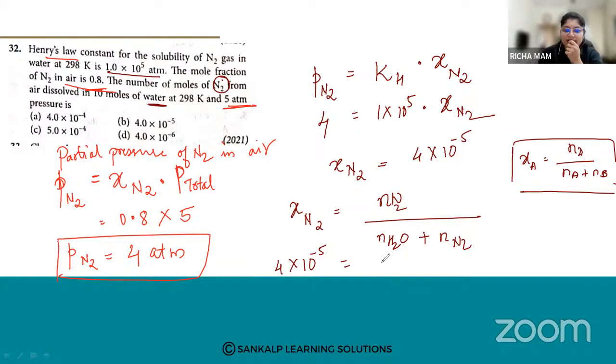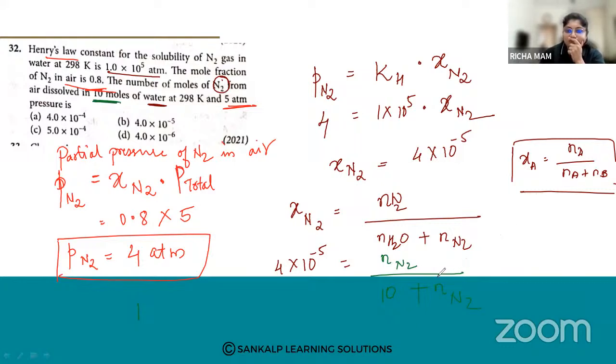So N2 is divided by the total number of moles, that is the number of moles of water, which is given as 10, plus the number of moles of N2.